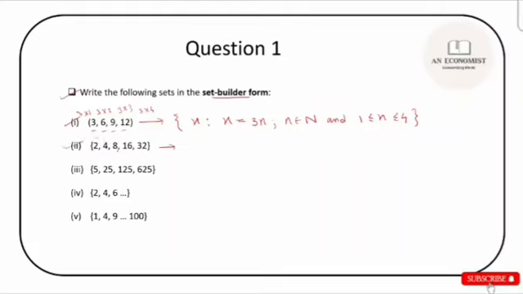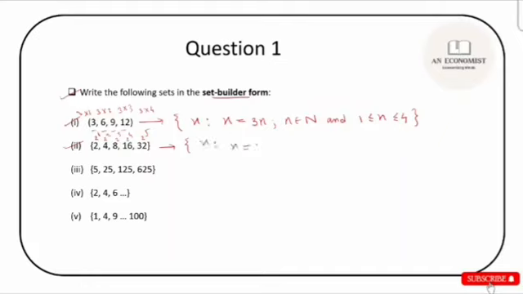It has 2, 4, 8, 16, 32. So the first element is 2 to the power 1, second element is 2 square, third is 2 cube, this is 2 to the power 4 and this is 2 to the power 5. So write it in this fashion.